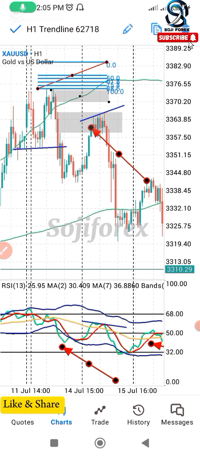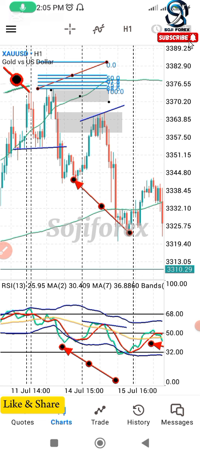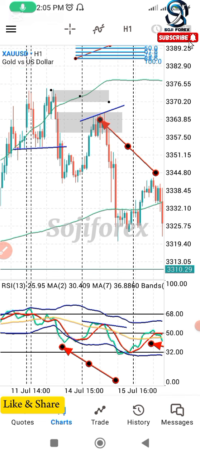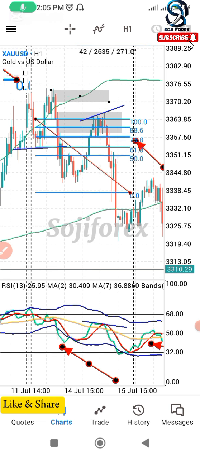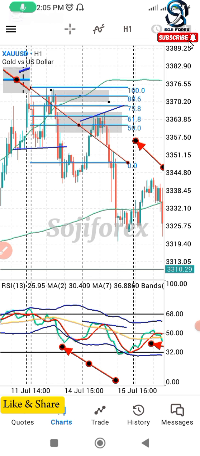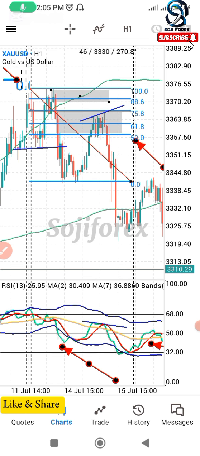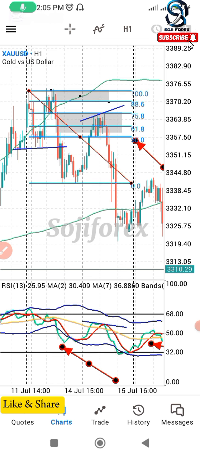So this divergence confirms that we have come to the end of this pullback. That is exactly what it means. We have come to the end of this pullback, and there is a tendency now for price to push forward.